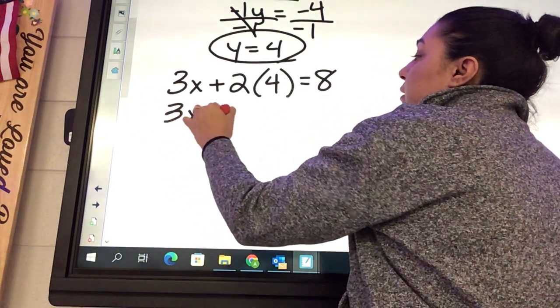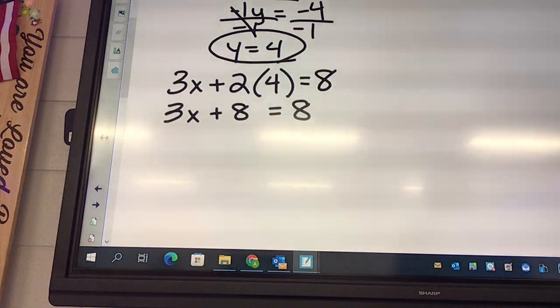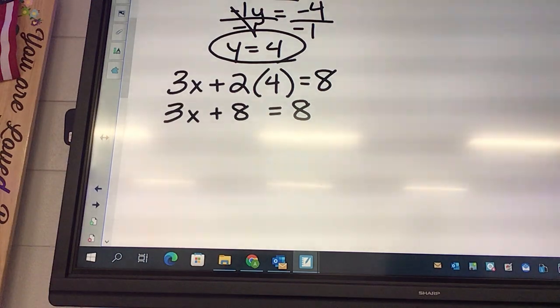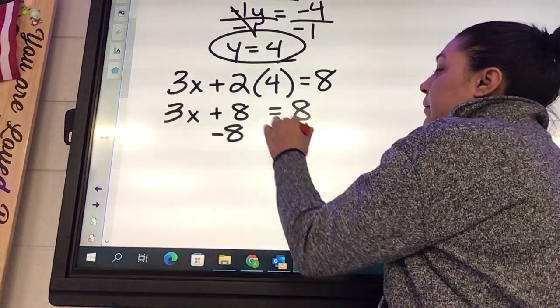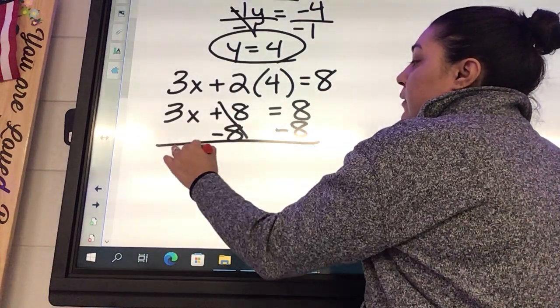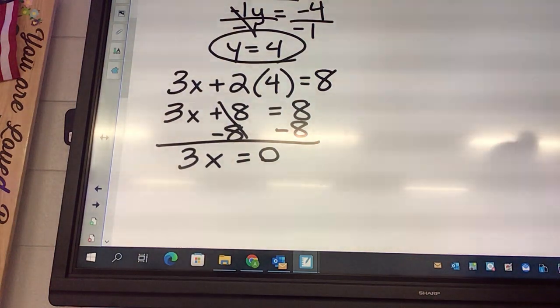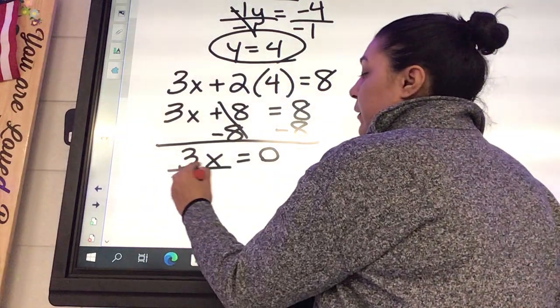So we got 3x plus 8 equals 8. Okay, and then what? Minus 8. So we got 3x equals 0. And then divide by 3.